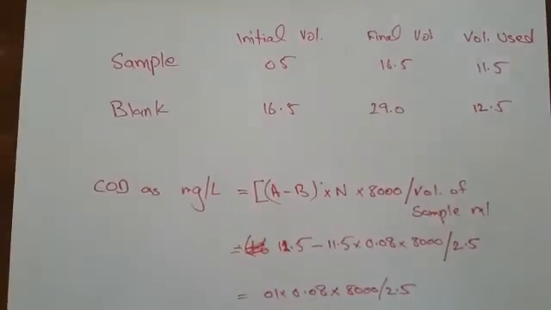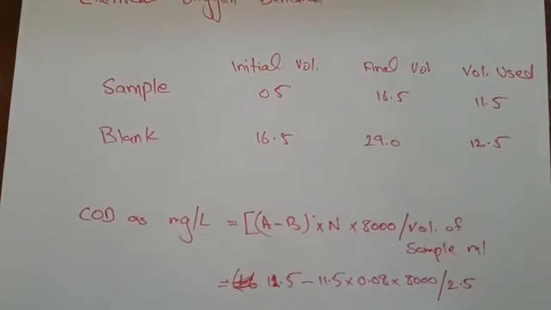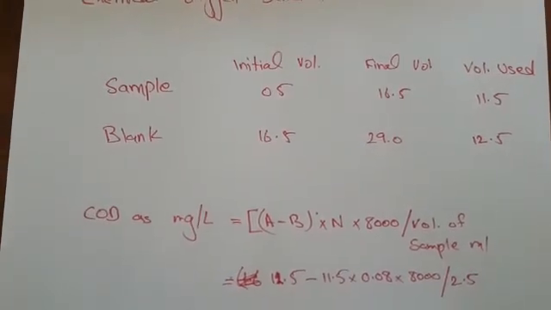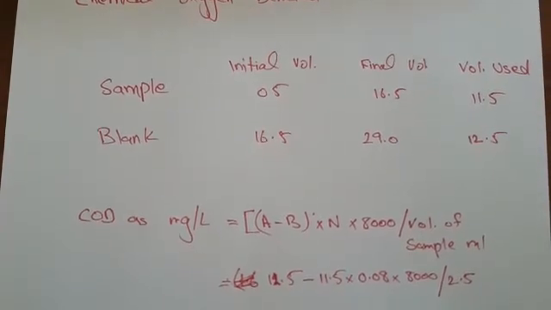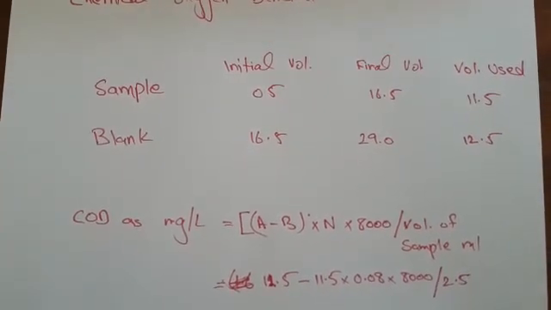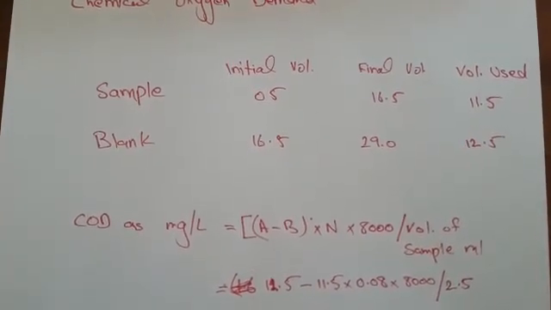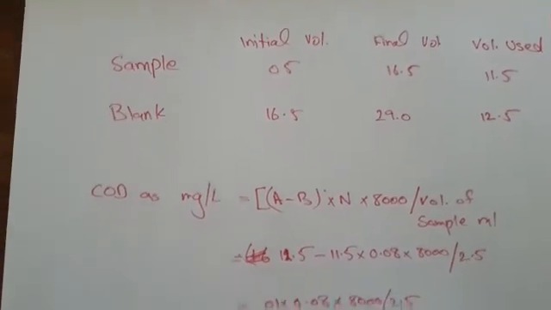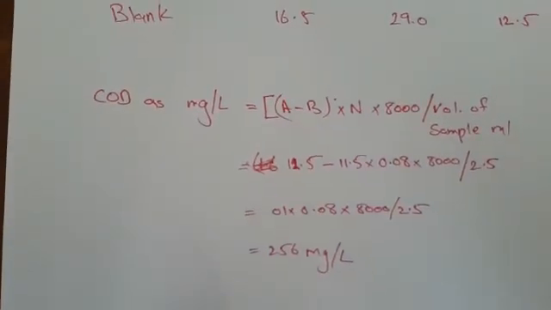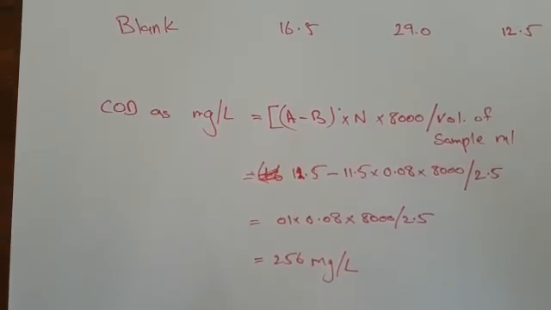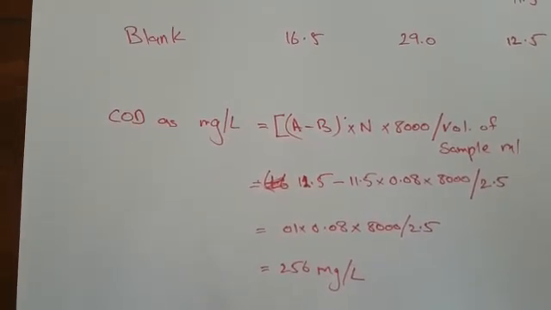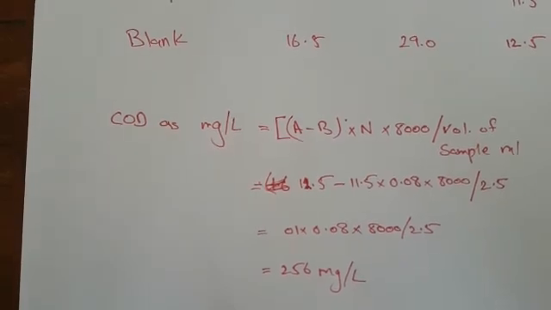When we put in the values, the volume used of blank was 12.5, whereas the volume used in sample was 11.5, and we multiply it with 0.08, which is the standardization of FAS, and we multiply it with 8000 divided by 2.5. So according to our calculations the value is 256 mg per liter. This is the value of COD in mg per liter.